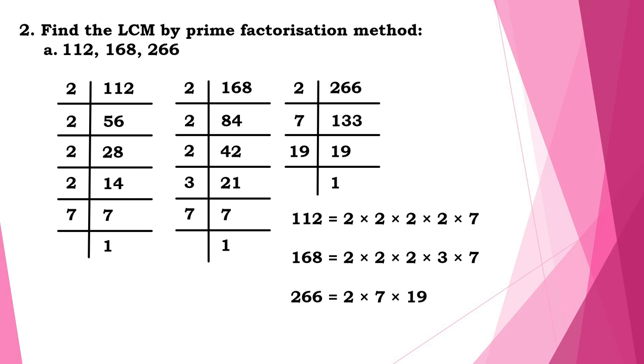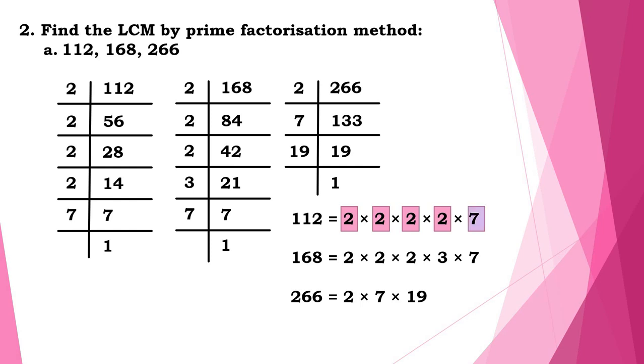Now tell me how many prime factors are there? 2, 7, 3 and 19. So what is the maximum number of 2's in a single prime factorization? Correct, there are 4 2's. Okay, what is the maximum number of 3's? Only 1.